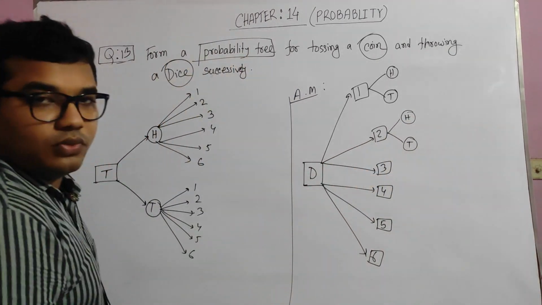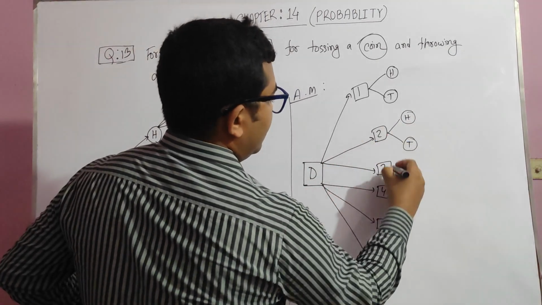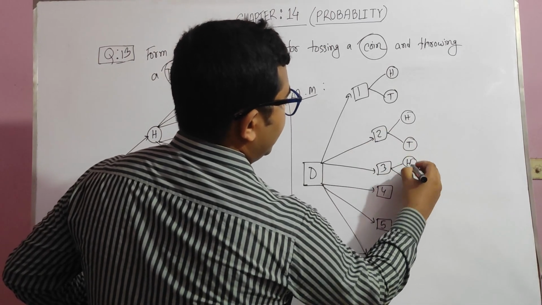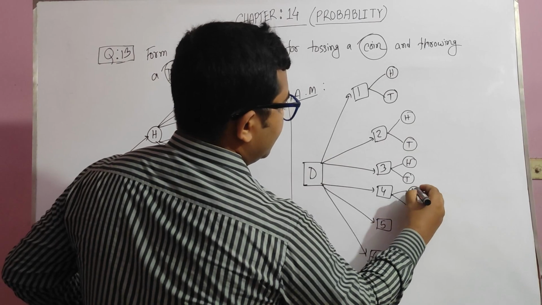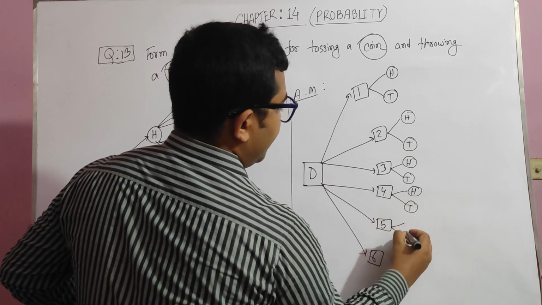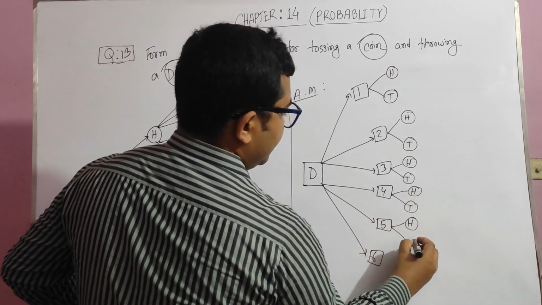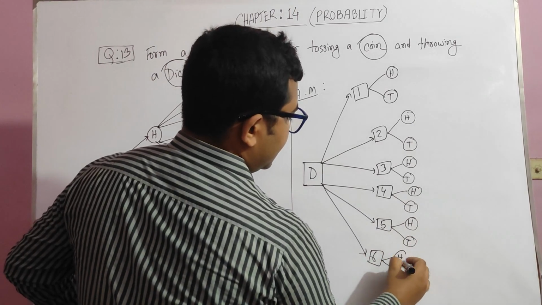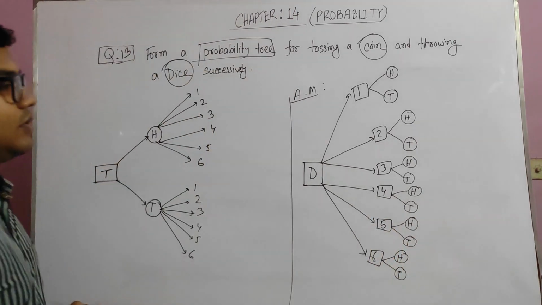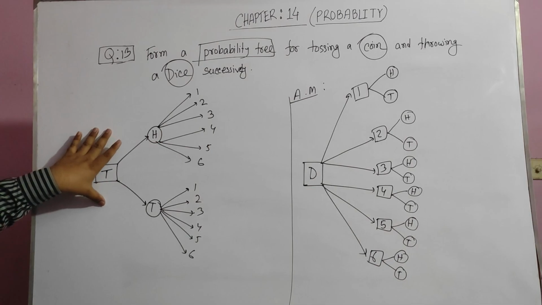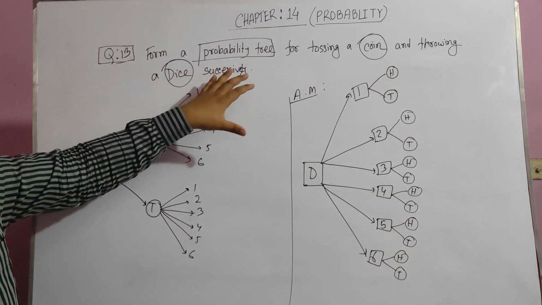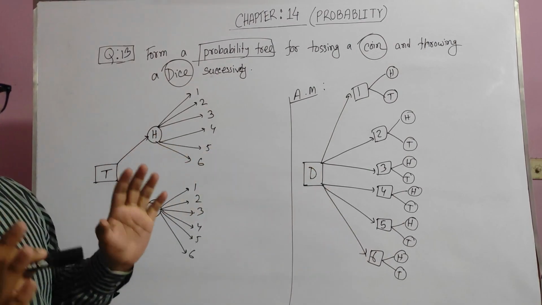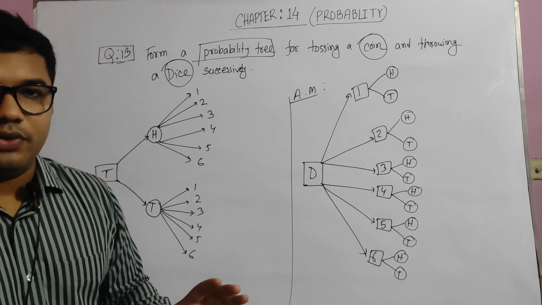At 3, at 4, at 5 and 6, it is also head and tail. So this is a probability tree for tossing a coin and throwing a dice successively, as well as the other one. So you may use whichever one is easier for you.